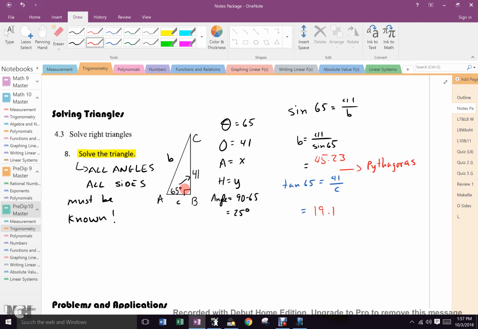Can you trust the triangle? Should you trust the triangle? Should you? This triangle shows that to be the shortest side across from the shortest angle. Is everyone okay with that? That's fine, but don't trust it if the math you do doesn't work out. Do you understand what I'm saying?